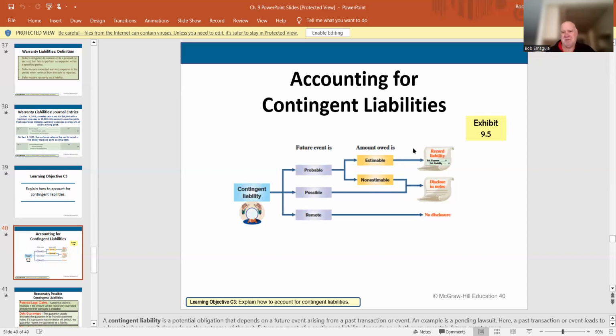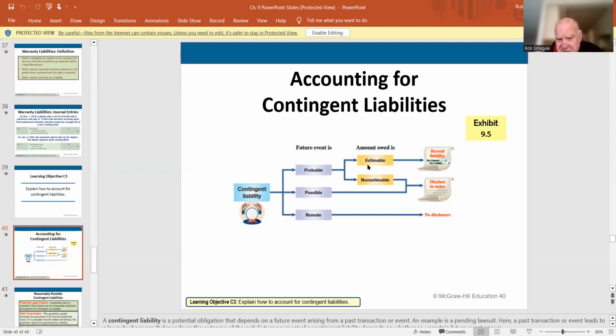Let me repeat that a little more clearly. We're getting sued by somebody, and it's probable we're going to lose the case. Probable. Doesn't look good. Our attorneys say that it doesn't look good for us, okay? So we probably are going to lose the case.